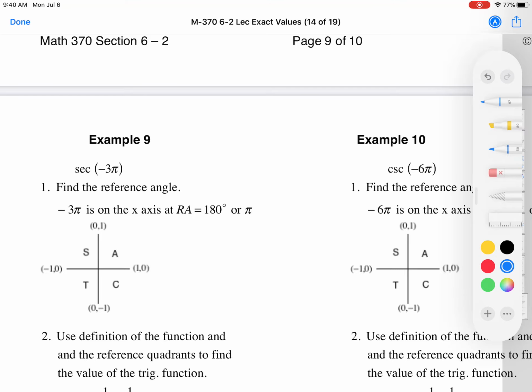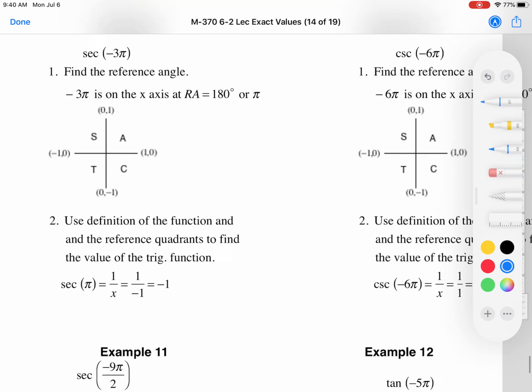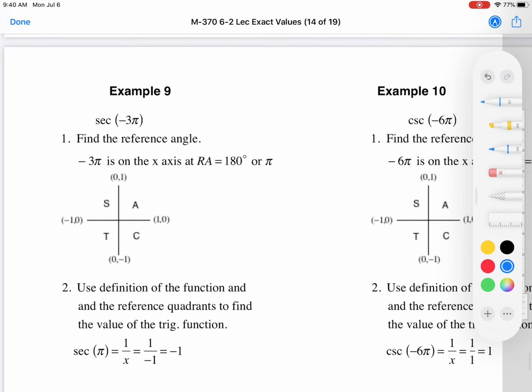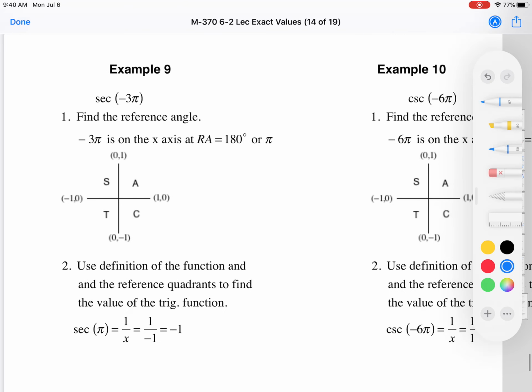So let's do a couple more at least. Maybe we'll look at example 9 and then example 11, leaving the other ones for you to read. I hesitate to skip because I found some mistakes, as you've seen. Negative 3 pi. Well, where's negative 3 pi? We know it's right here on this axis. So we're considering this.